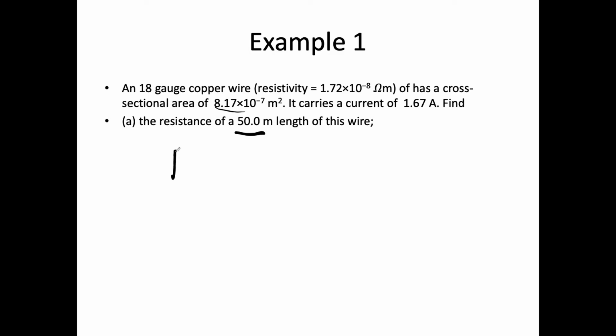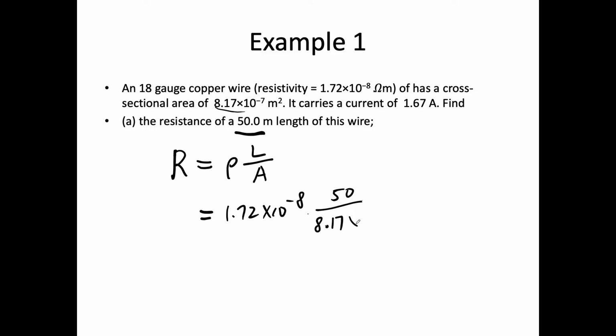So we should use the first equation we learned, R equals rho L over A, which equals 1.72 times 10 to the negative 8 times 50 over 8.17 times 10 to the negative 7 ohms. Put it into a calculator, and we find it's 1.05 ohms.